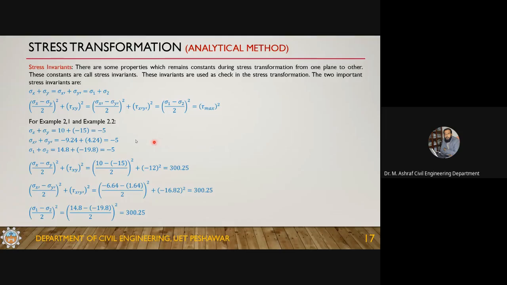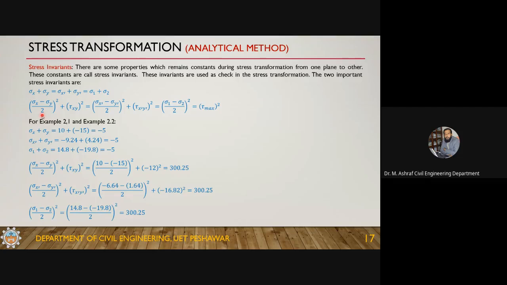Now the next stress invariant is sigma x minus sigma y by 2 squared plus tau xy squared. If you take the square root of this, it is tau maximum. It means that the maximum shear stress, if you calculate from any orientation, will give you the same result.